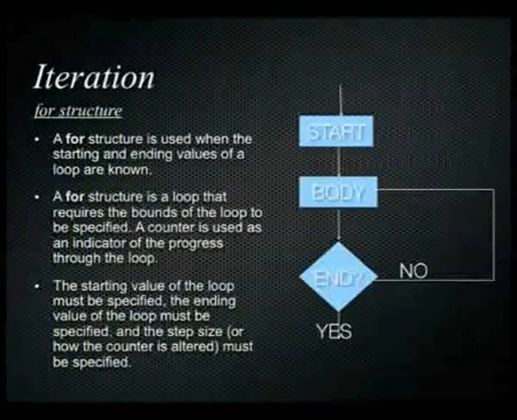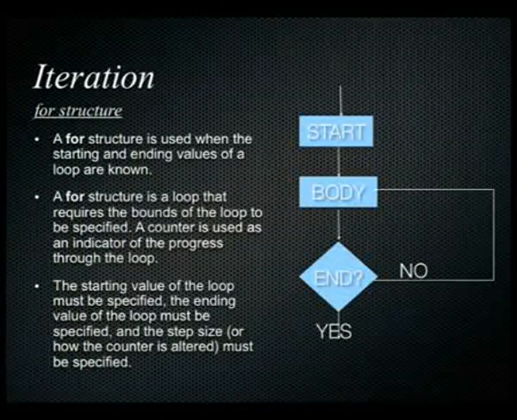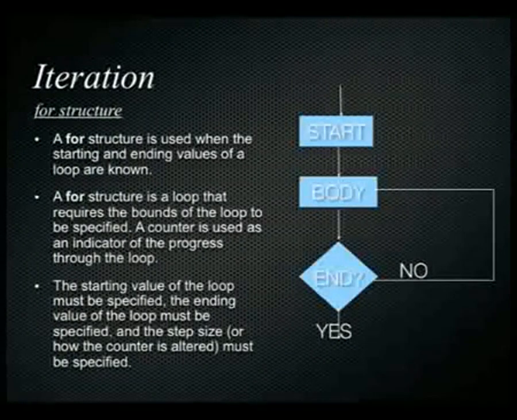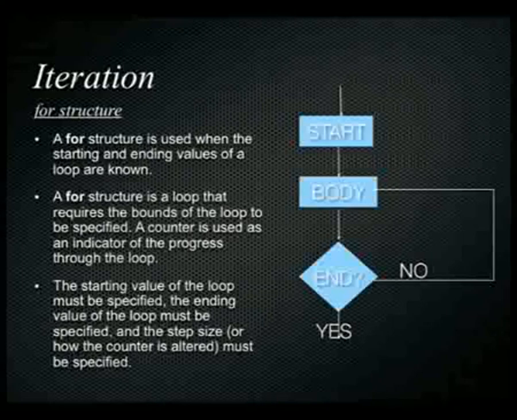When it comes to our iterative for structures, an iterative for structure is basically a repeat until block, except that we initialize a counter of some kind. So we have a start block, which is usually initializing our counter.